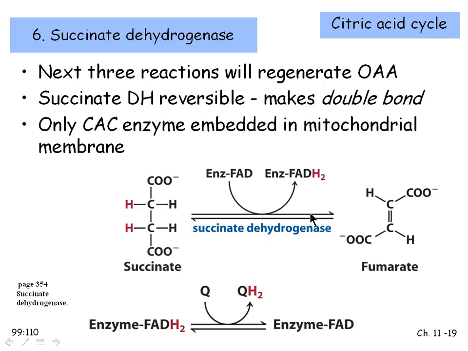And interestingly, this enzyme, succinate dehydrogenase, is actually a mitochondrial membrane enzyme. So we haven't talked about the location of the cycle as a whole yet. It's in the mitochondria. And this enzyme, and only this enzyme, is actually a membrane protein. And the electrons that are on the FADH2 are then going to be transferred to ubiquinone to make reduced ubiquinone.